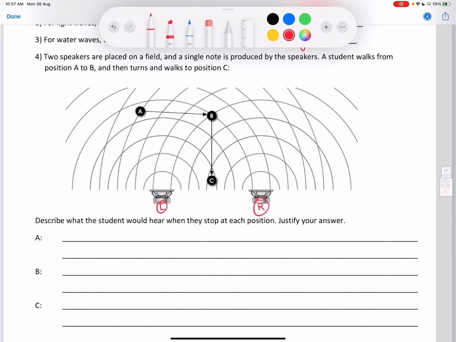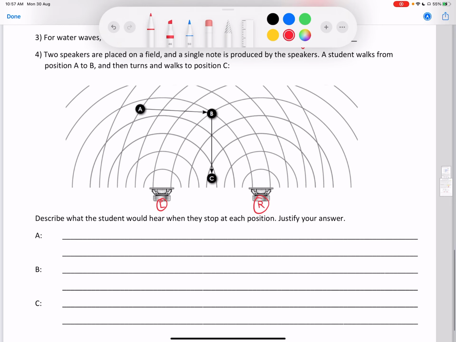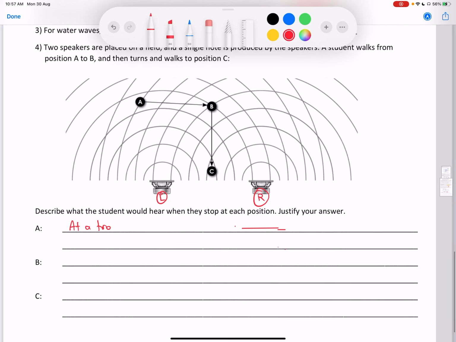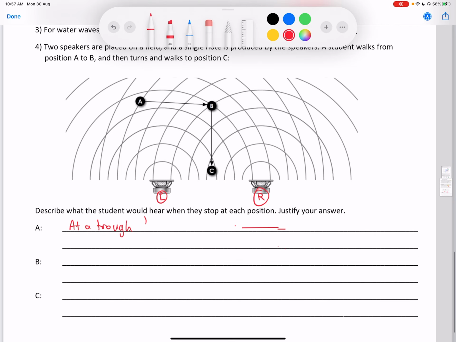At A, we're actually at a trough from L. From our right speaker, we can see that we're actually sitting at a peak.